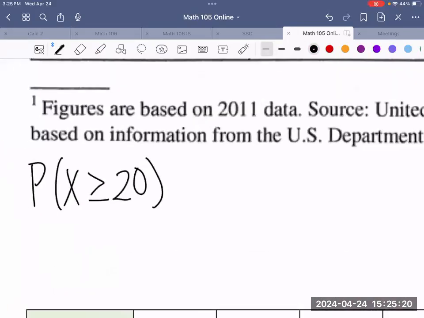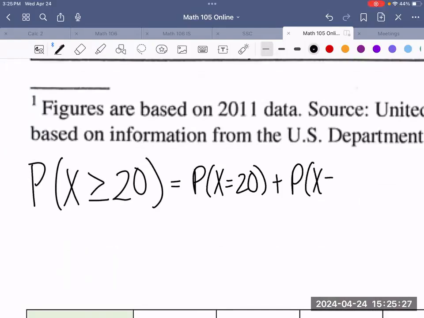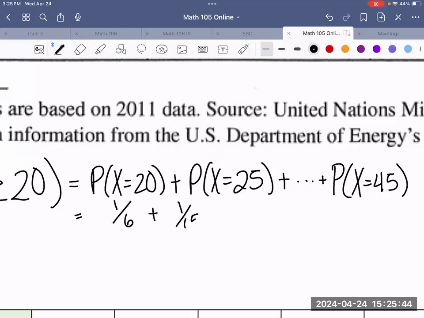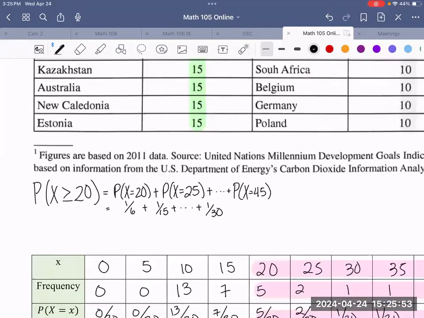So we can just add the probability when x is equal to 20, plus the probability when x is equal to 25, plus, and you go all the way up until you hit the last value of 45, right? And those probabilities. So 1 out of 6 plus 1 out of 15 plus so forth, 1 out of 30, right? That's a really long process. You can add all of them up if you'd like.